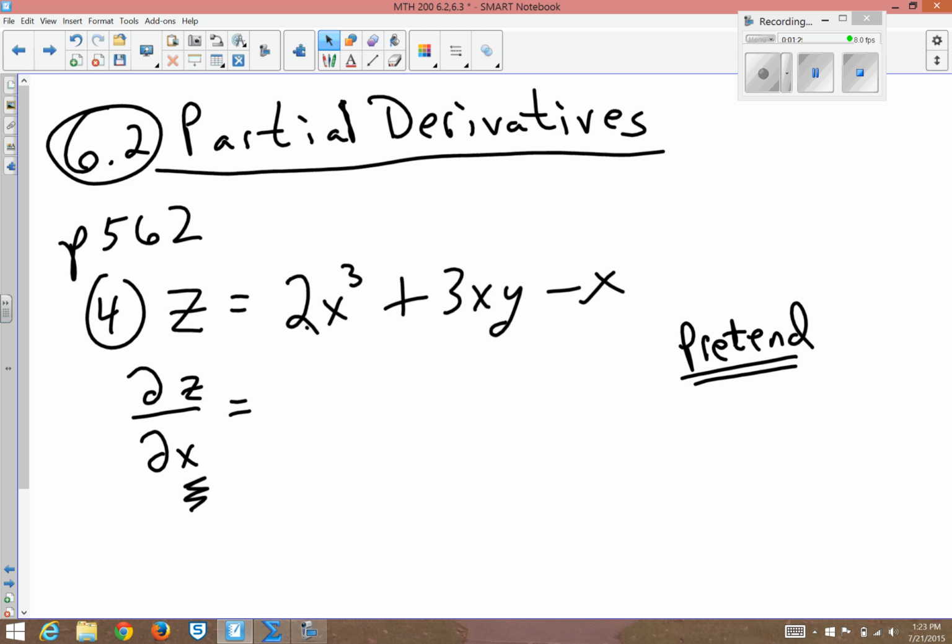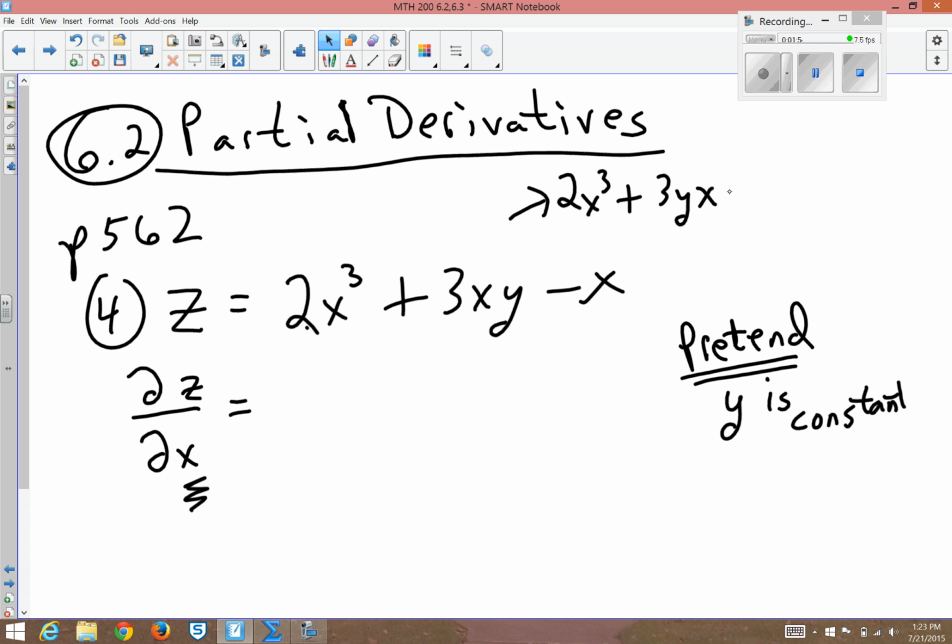So we say the partial derivative of Z with respect to X. So any Y we come across, we're going to treat it as if it was a constant. So in my mind, I would rewrite this as 2x to the third plus 3y times x.